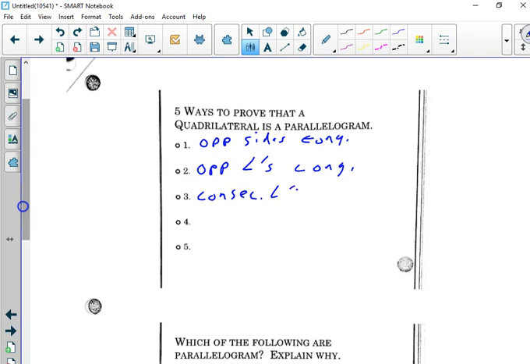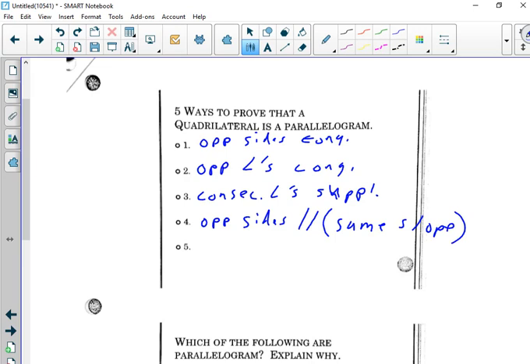Consecutive angles are supplementary. Opposite sides are parallel, meaning they have the same slope. And diagonals bisect each other.